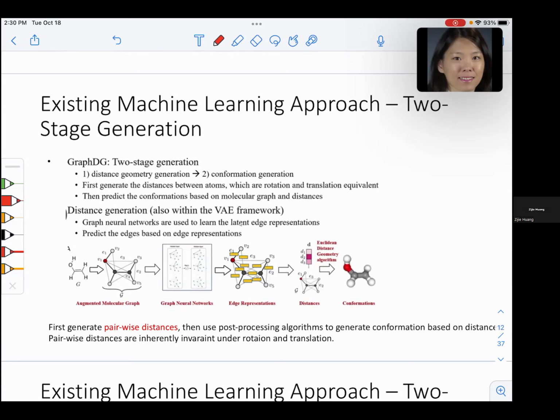They first generate pairwise atom distances, and then use a post-processing step, based on this set of pairwise distances, to do the conformation generation, which transforms the pairwise distances into a possible solution of each atom's coordinates. And yeah, please go ahead.